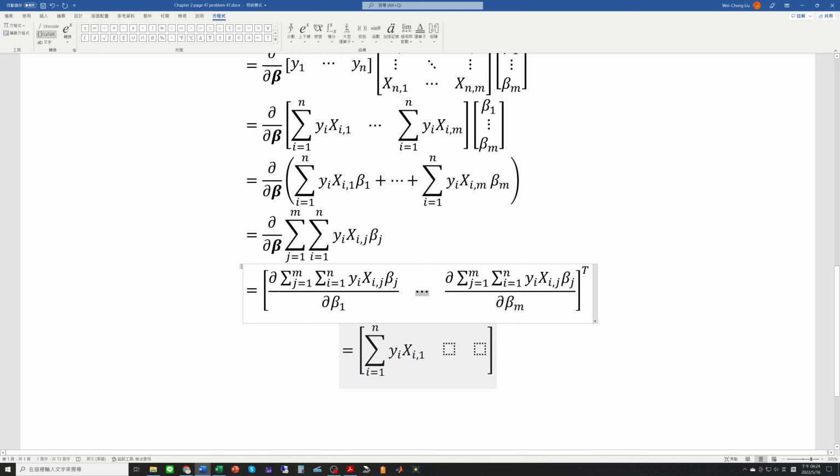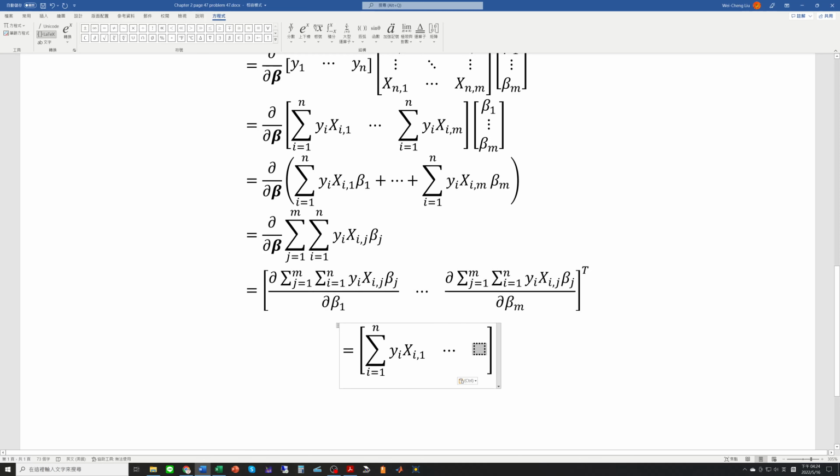and dots. And the last element, we also need to find the term in the numerator that contains beta m. So when j is equal to m, this is equal to summation i is equal to 1 to n yi xin.